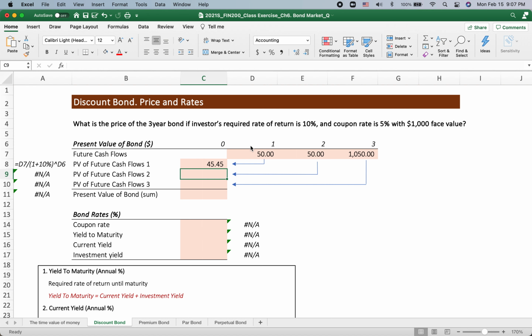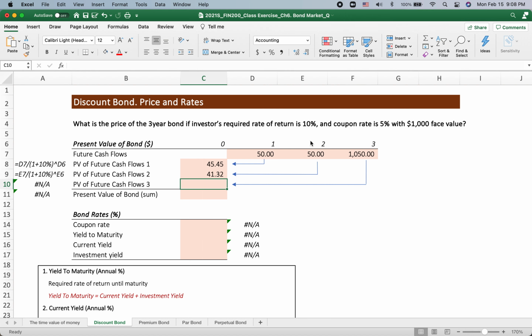We will learn the concept of this present value of the future cash flows. In the same way, this $50 in 2 years is not the same value at the current time. It should be lower, right? And then this amount should be discounted by 1 plus 10% to the power of 2, year 2.